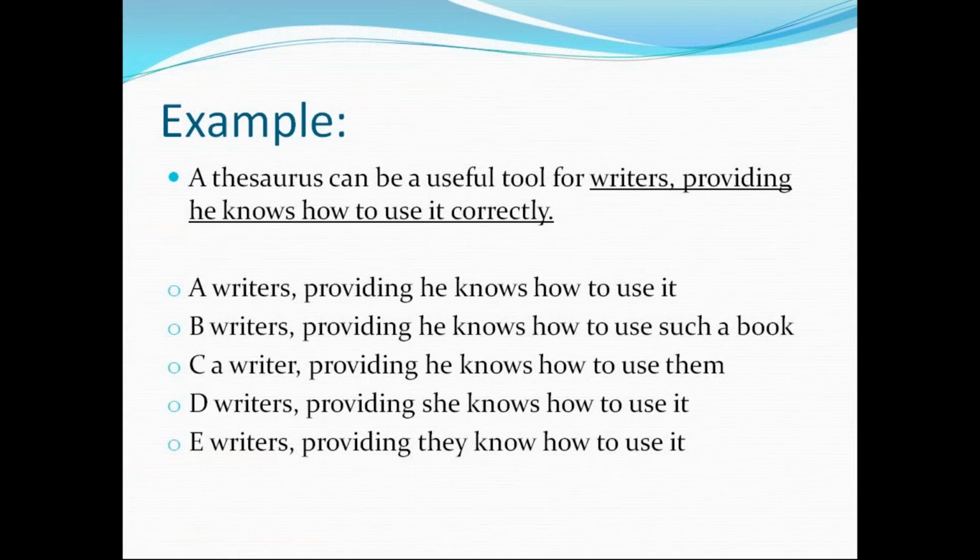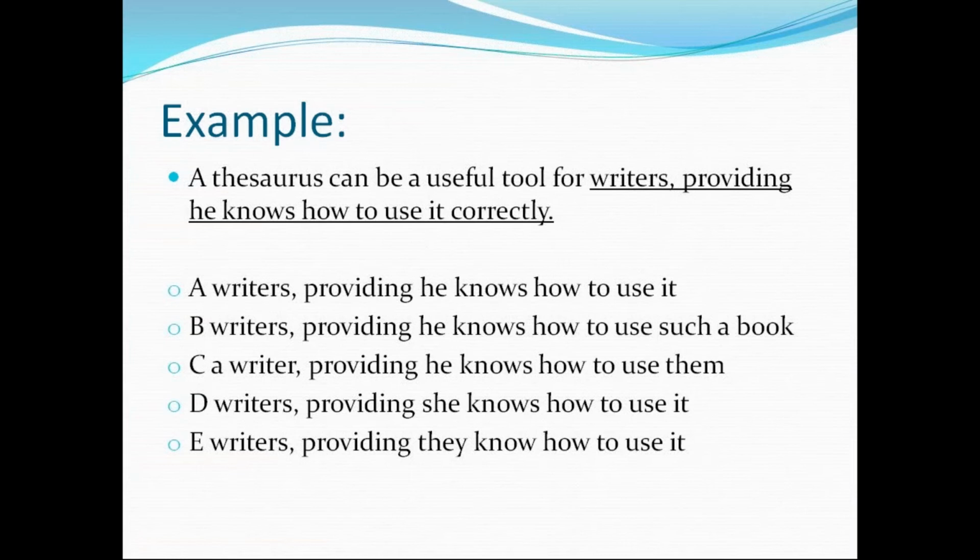Right. And then it says, providing he knows how to use it correctly. To be consistent, if it's a plural subject there, it should be a plural pronoun.